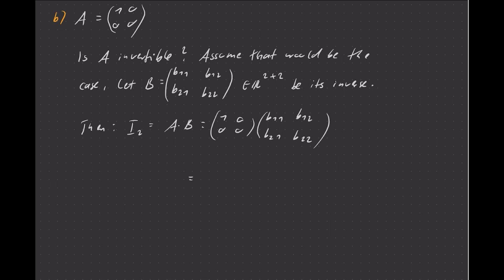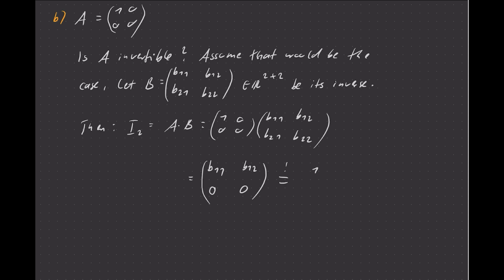Let's do first row, first column. That's B11. Then we do second row, first column, that is 0. Next, first row, second column, that's B12. And finally, second row, second column, that is 0 once again.